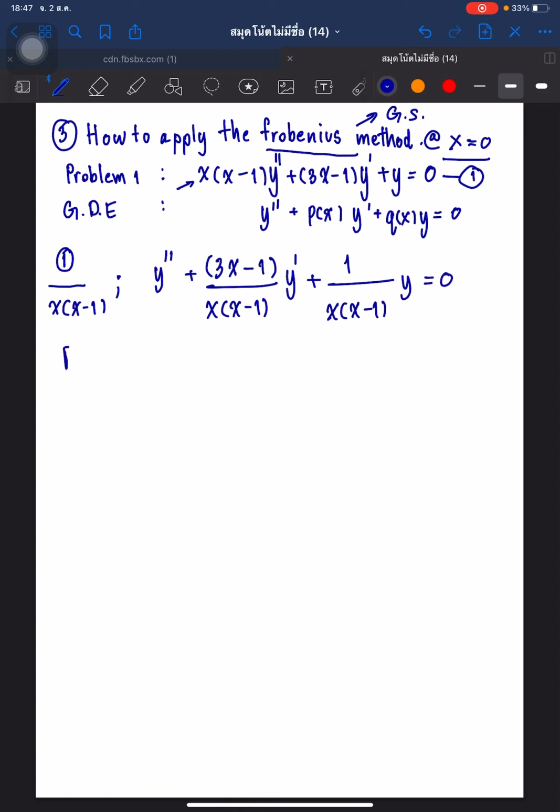We get p of x equal to this term, and q of x equal to this.